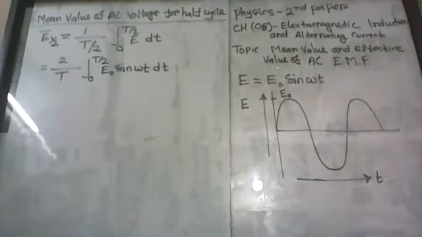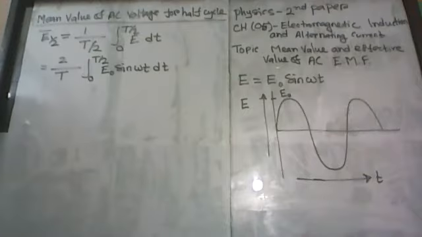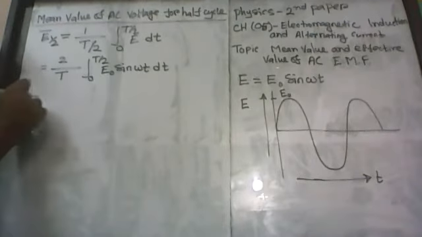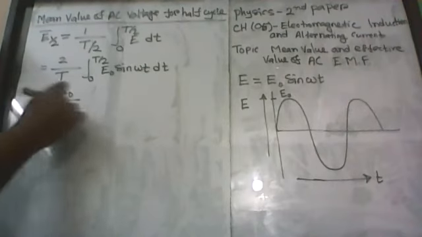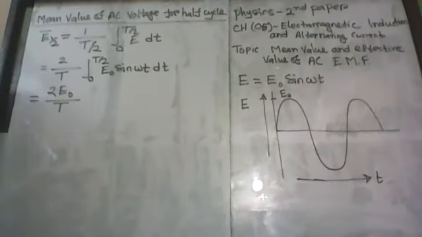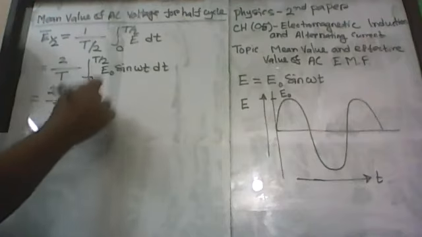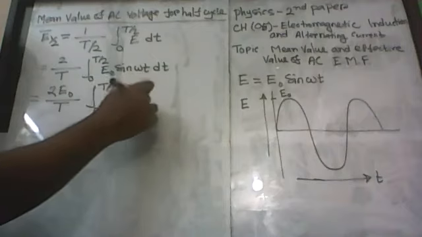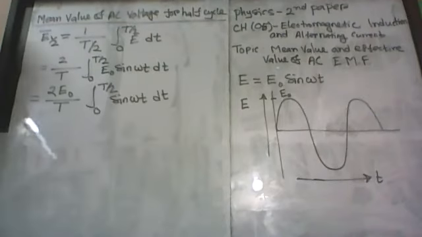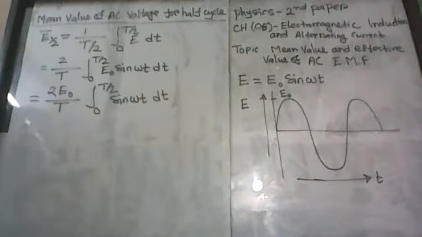You know that E0 is the peak value or maximum value of AC electromotive force, so E0 comes out of the integral because it's a constant. It equals 2E0 divided by T times the integral of sin ωt dt.